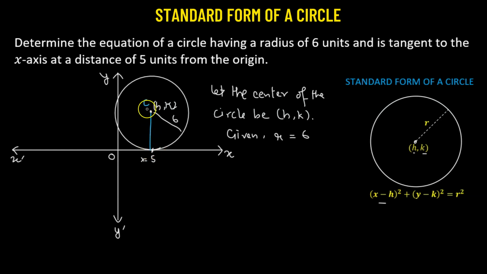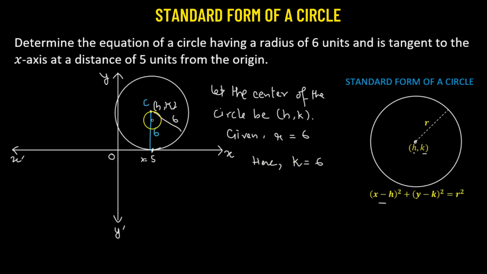So this is going to be the perpendicular, and the length of this perpendicular is going to be 6 units, because that's nothing but the radius of the circle. Now that means we have the height, which is also the y coordinate of the center C. So we have immediately found out the value of k. So here the value of k comes out to be equal to 6 units.